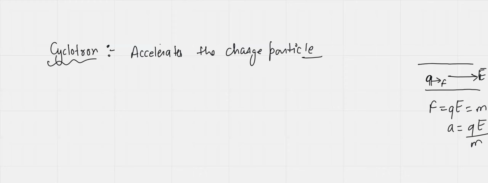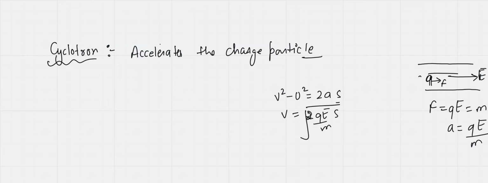So if you see carefully, if I say the particle started from rest, it initially does not have any velocity. If you keep a charge over there with initial velocity 0, then v squared minus u squared equals 2as. If it covers some distance s in this region of electric field, the velocity will be v equals root of 2 into a, and acceleration is nothing but qE by m, times s, the distance, all under root.